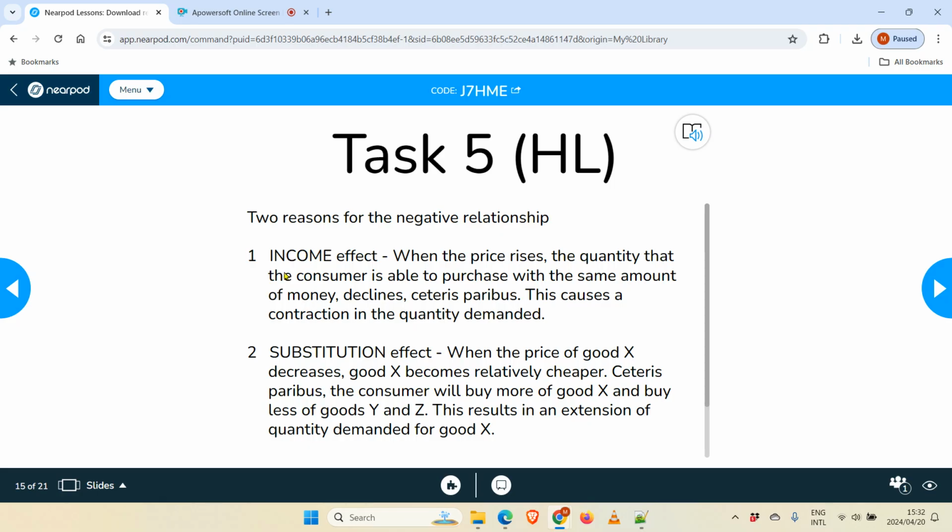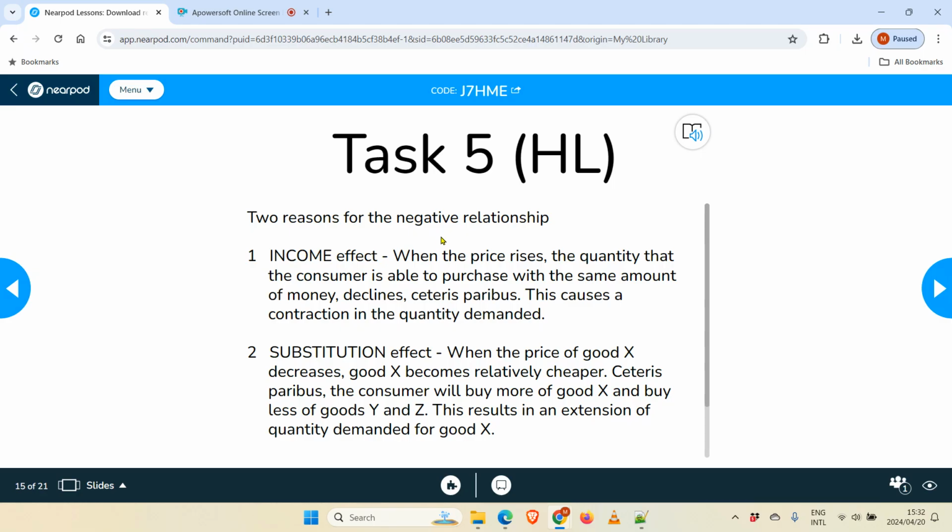The income of consumers, the wages that they earn, and how their wages are affected by a change in the price of a commodity, whether the price goes up or down.